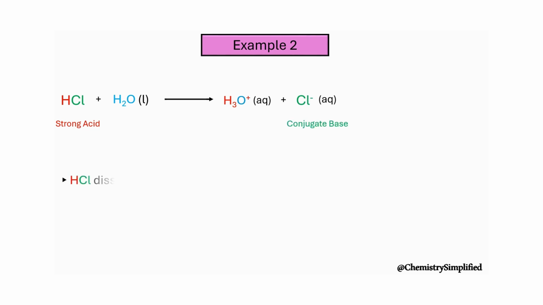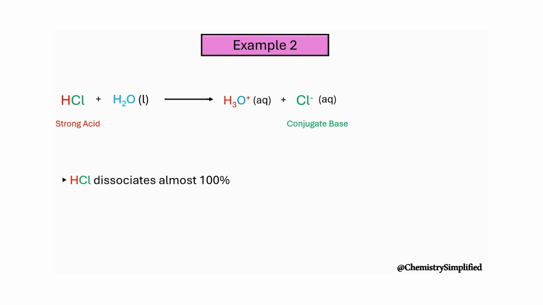Let's look at one last example. Let's say we were to have hydrochloric acid, dissolve that in water. It would ionize, dissolve, or dissociate completely to produce hydronium ion and chloride ion, which would be the conjugate base.